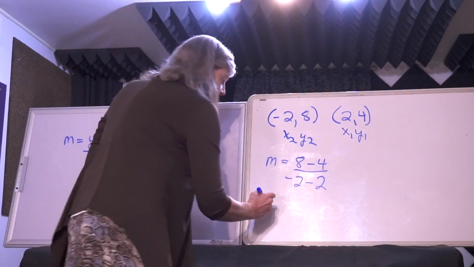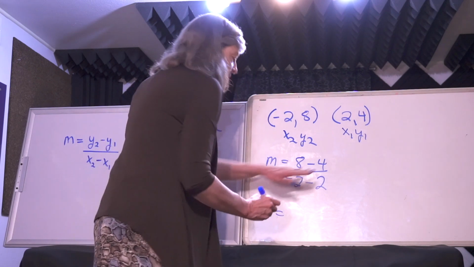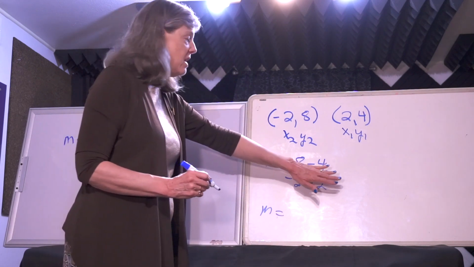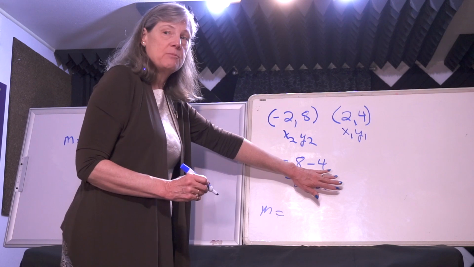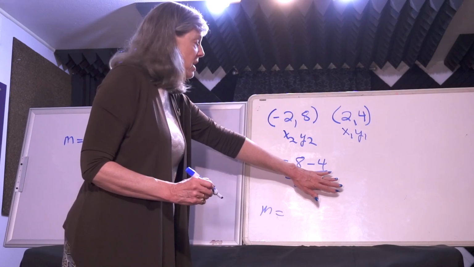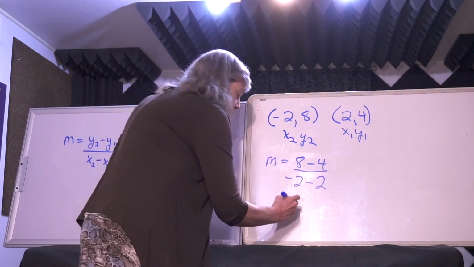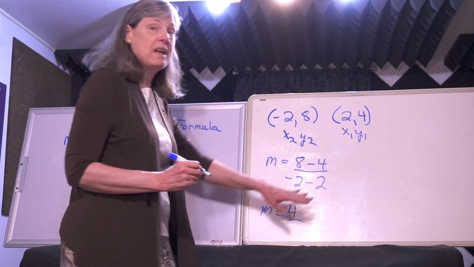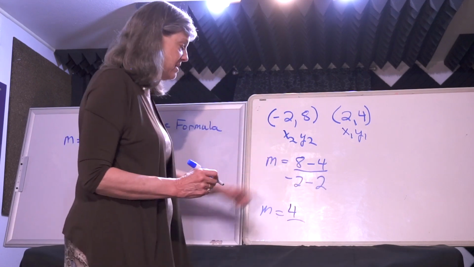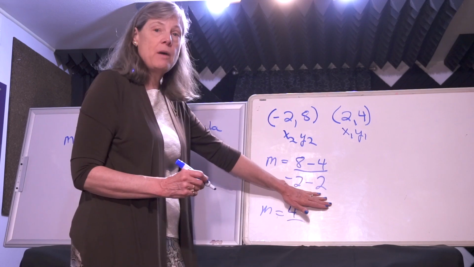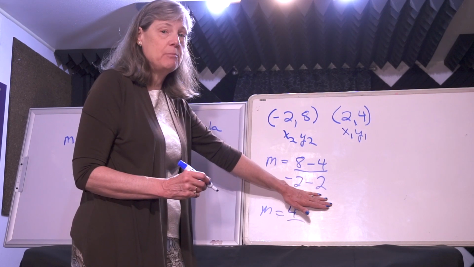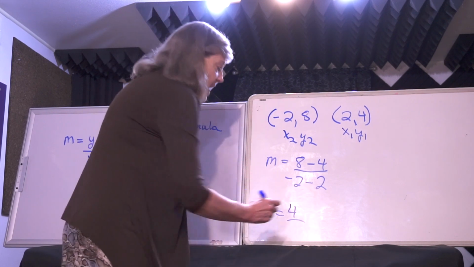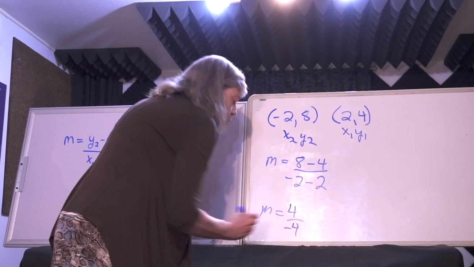So now we've got m equals, this is an addition problem whose signs are different. So I subtract the small number from the big number. 8 minus 4 is 4, and keep the sign of the big number, which is positive. And this is an addition problem whose signs are the same, so I add the numbers. 2 plus 2 is 4, and keep the sign, which is negative.